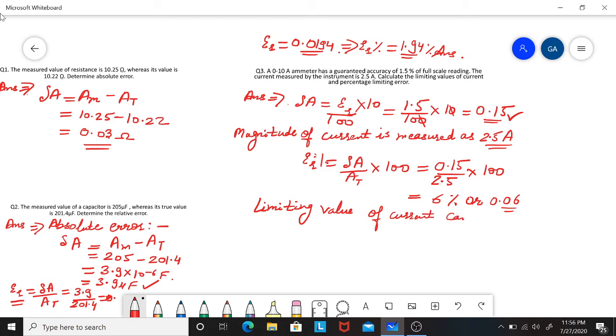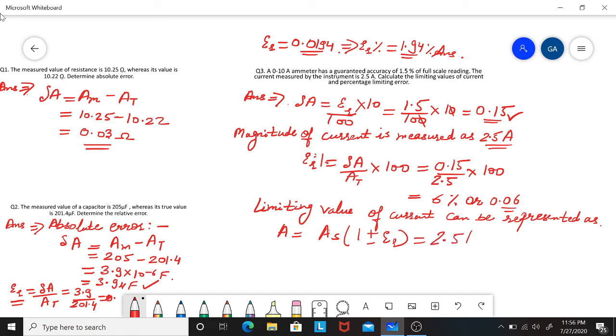Now, as you know, the limiting range of current can be represented as A is equal to A_s (1 plus minus epsilon r). What is your specified value?